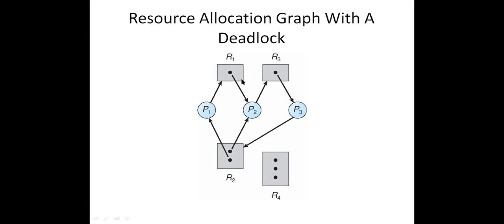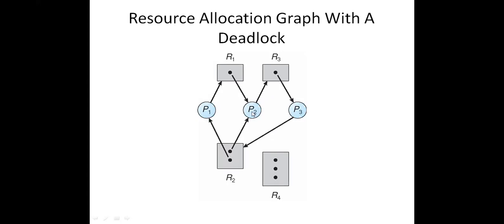The outer part is the deadlock. This is the deadlock. This one is already allocated to P2. No need to worry about this particular line.